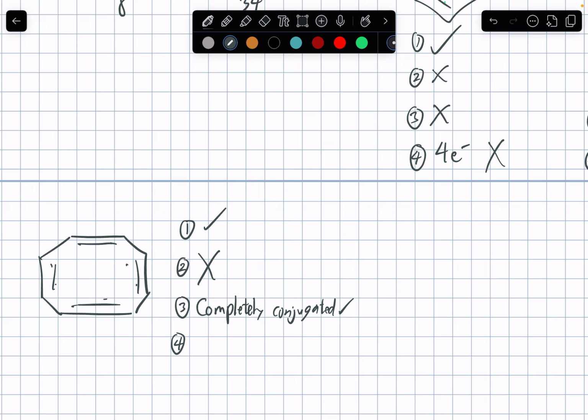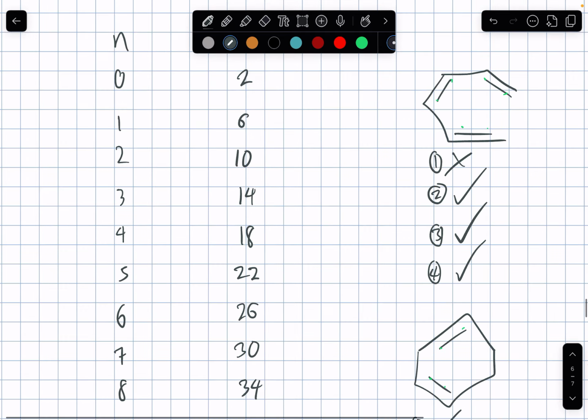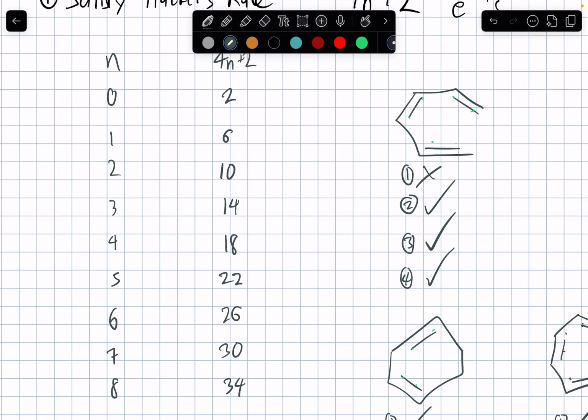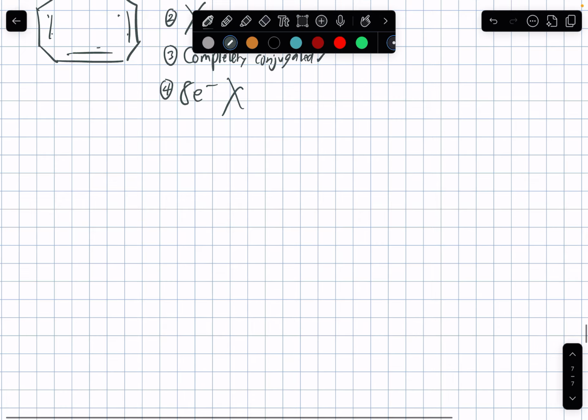Just count the ends of each of these lines inside. I am trying to reach out to you by simple talk, so that it's easy to understand. That's basically how you determine if a compound satisfies Huckel's rule. You just count the ends. So we have 8 electrons. This does not fulfill Huckel's rule. 8 is not in the list. Okay.